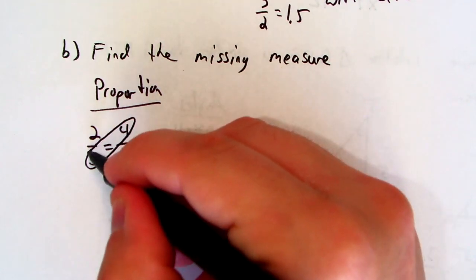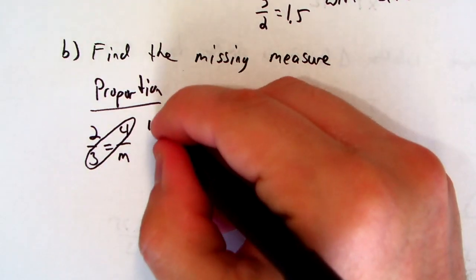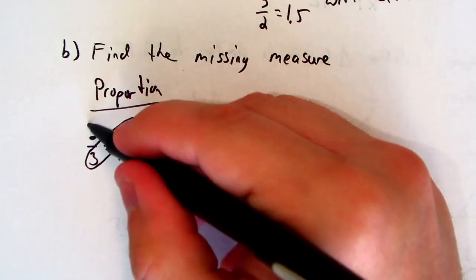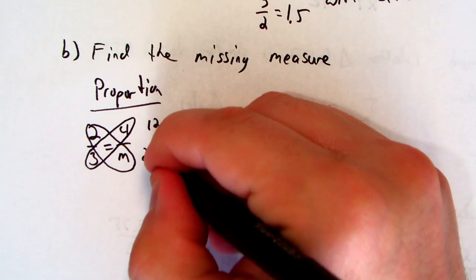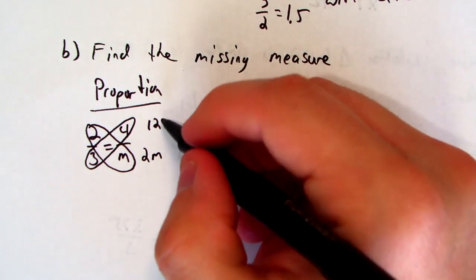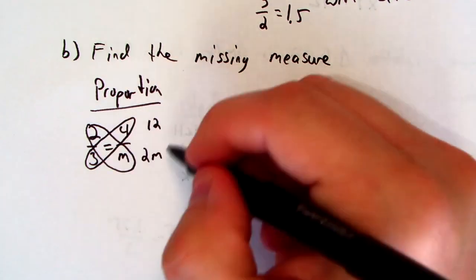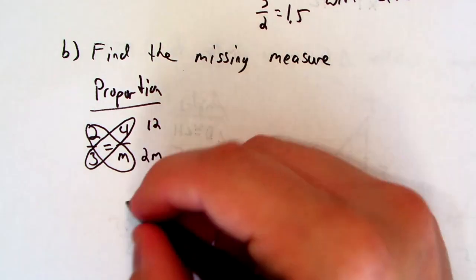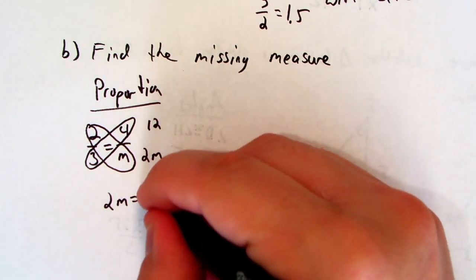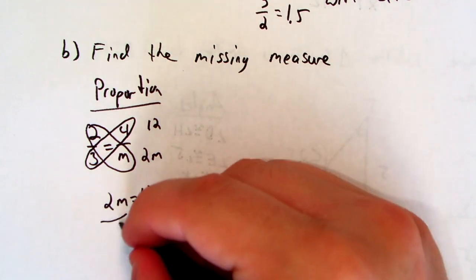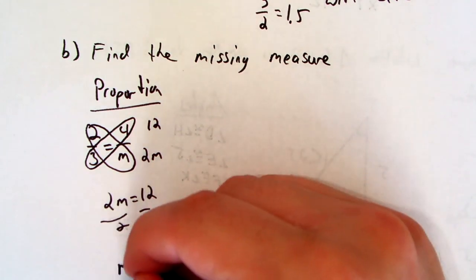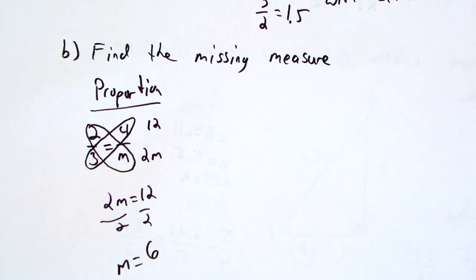So we would do 3 times 4, which is 12. 2 times m, which is 2m. And in order for this to be proportional, these two need to be the same. So we would set 2m equal to 12. That's a pretty simple one-step equation. We divide both sides by 2, and our missing measure would be 6.